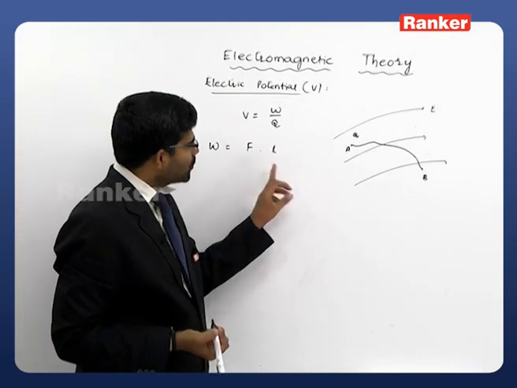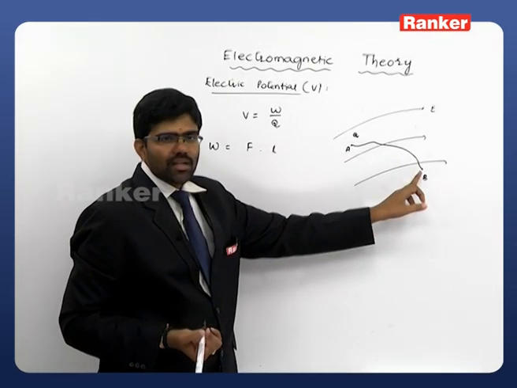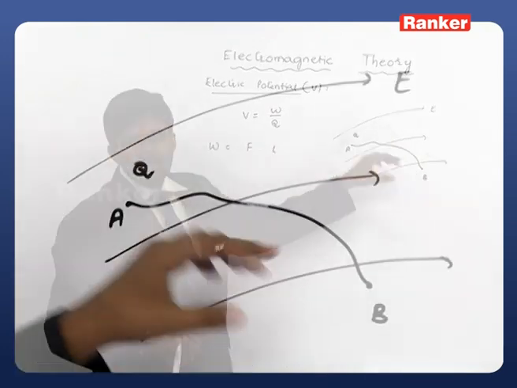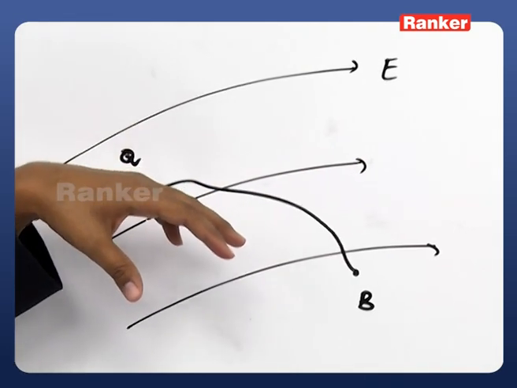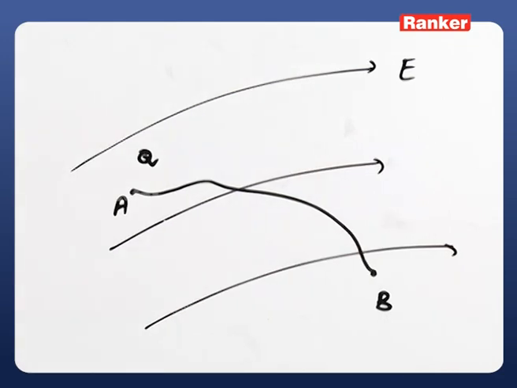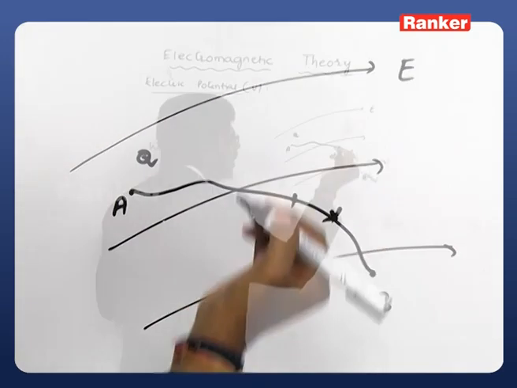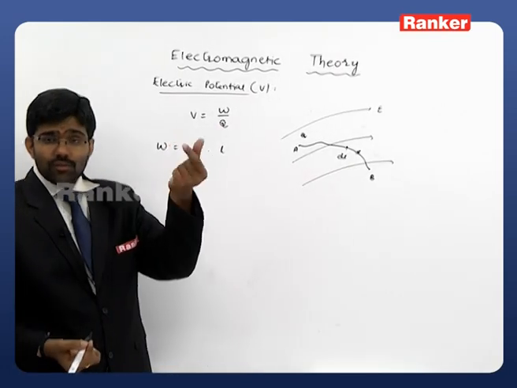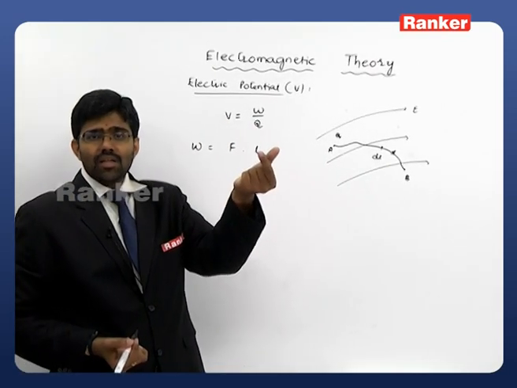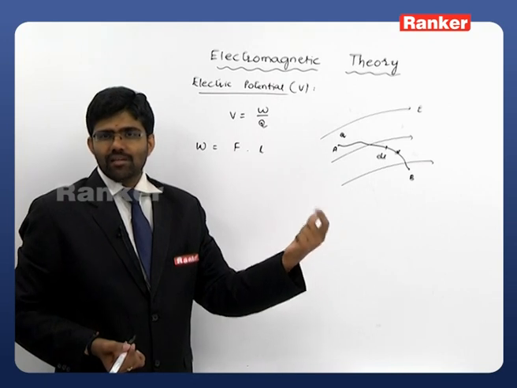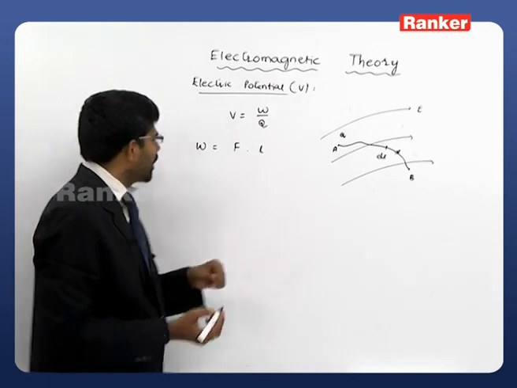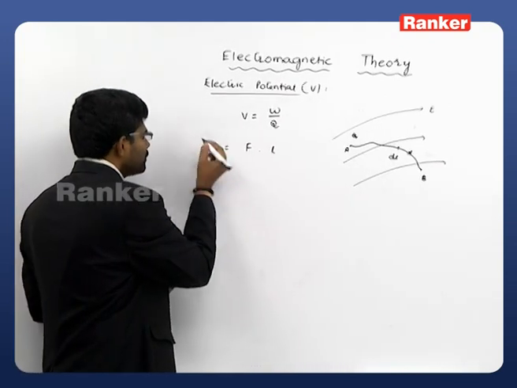But here clearly observe that the displacement we are considering is not an exact perfect shape. For that, I will take a differential length dl, a differential element dl. For that particular differential length dl, how much work done will be there? I will take that as the differential work done dw.